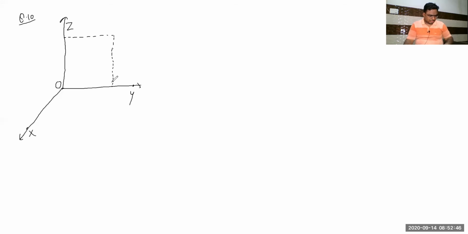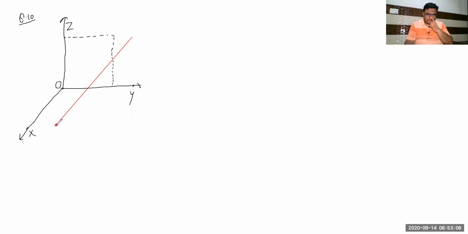So, find the coordinates of the point where the line through this and this. So, we have a line now, and that line is passing through 2 points. Suppose it is a line, and this line is passing through 2 points. What are the 2 points?